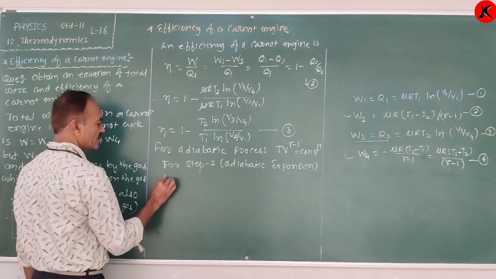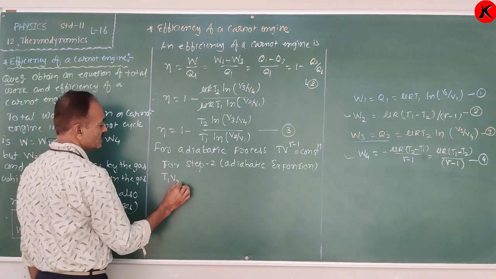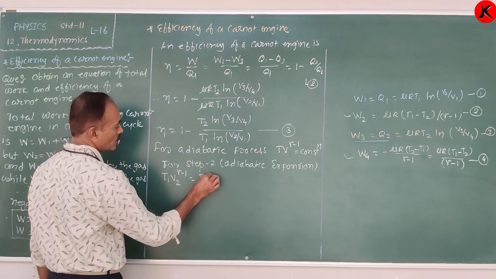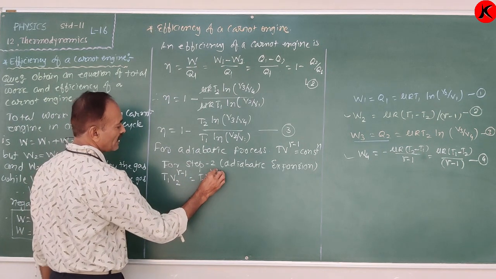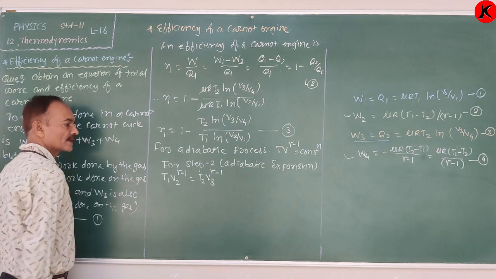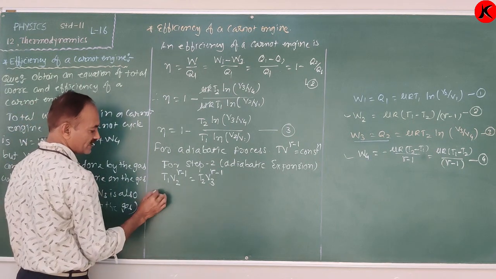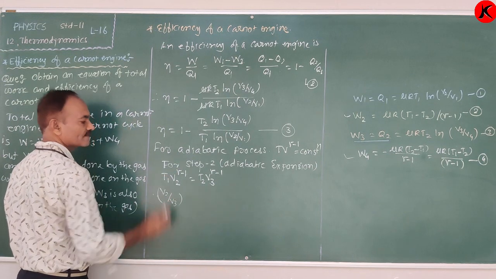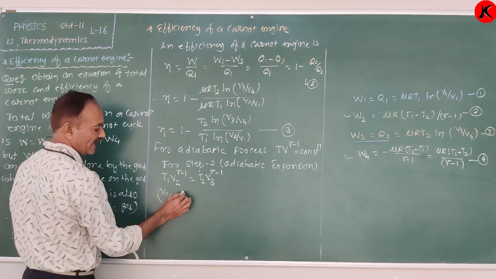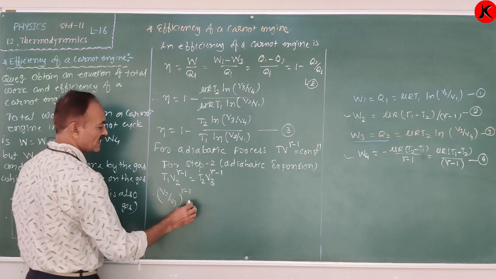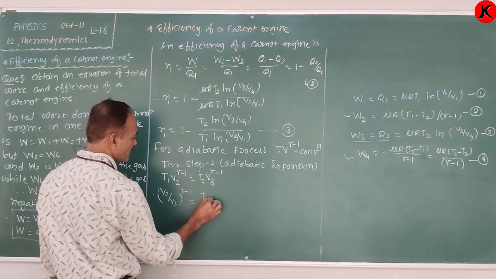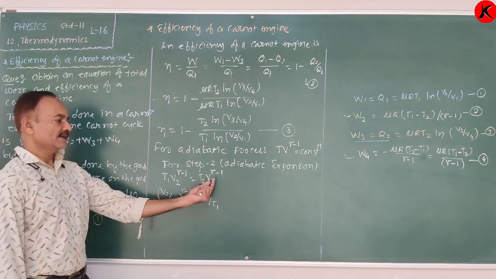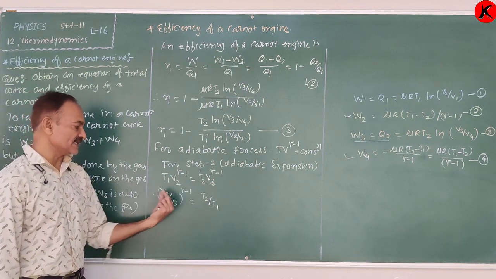Therefore, we can write T1 V2 raised to gamma minus 1 is equal to T2 V3 raised to gamma minus 1. Taking the ratio, V2 upon V3 whole raised to gamma minus 1 is equal to T2 upon T1. Take the V3 on this side, T1 on this side.